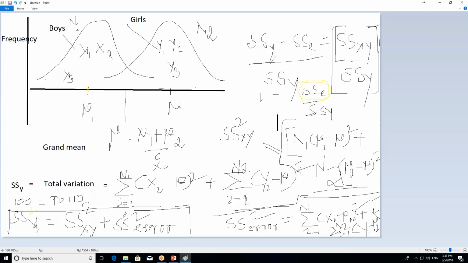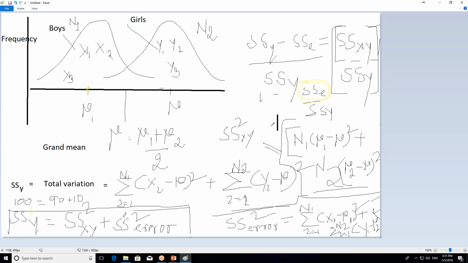So at that time you will find SSY is nothing but SS error, so the division of this will give you 1. So 1 minus 1 is 0, right? So it says that when this value tends to 0, the strength of the difference is negligible, and you cannot say whether these groups are different or the same.